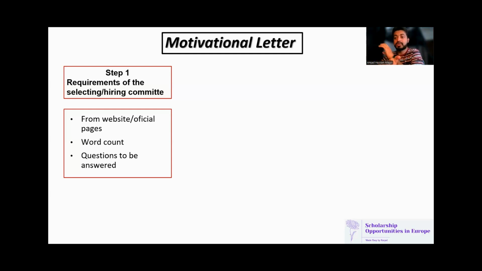You do not need to merge all the questions in one paragraph or one page. What you have to do is paste the questions, highlight them, and answer each one to the point, without more detail, because nobody wants more detail. Okay, this is very important.